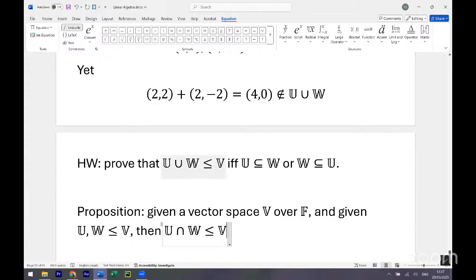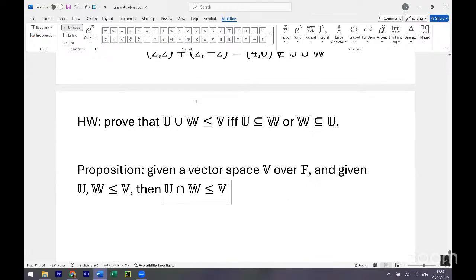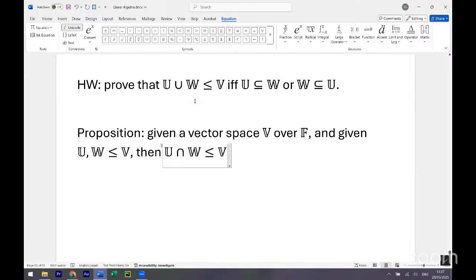So the intersection of linear subspaces is indeed a linear subspace. And let's prove it.